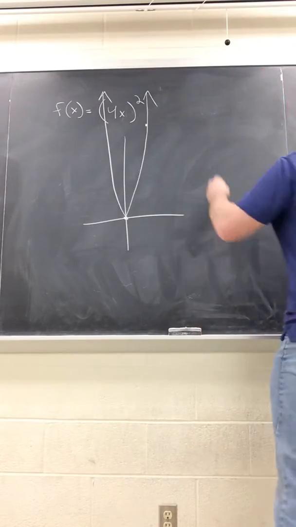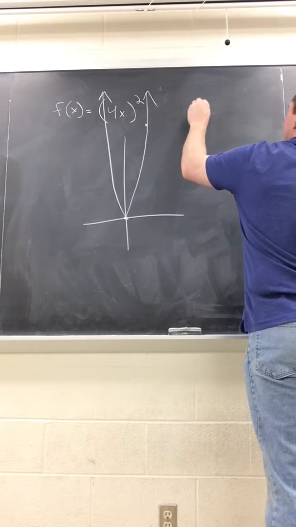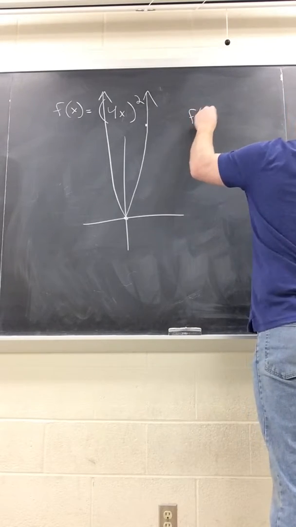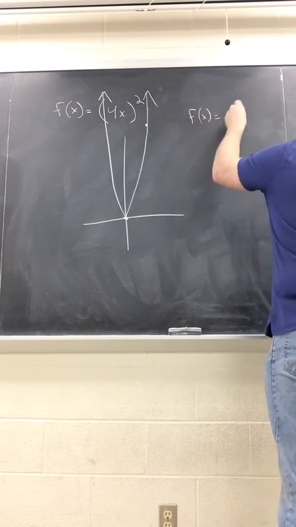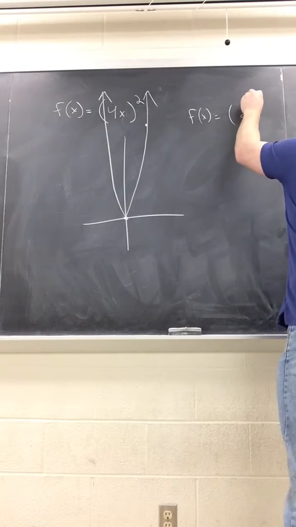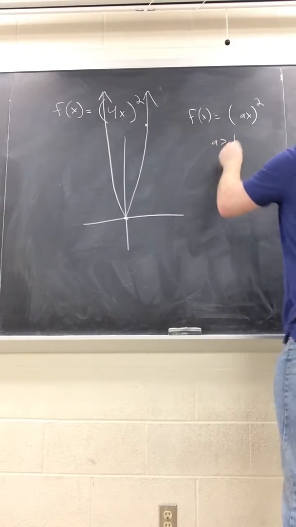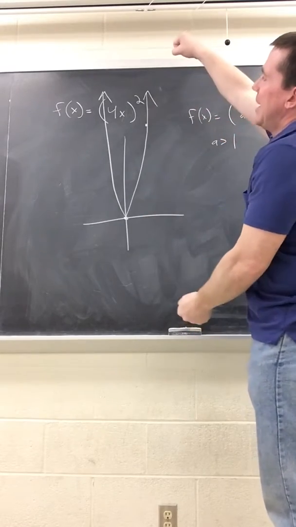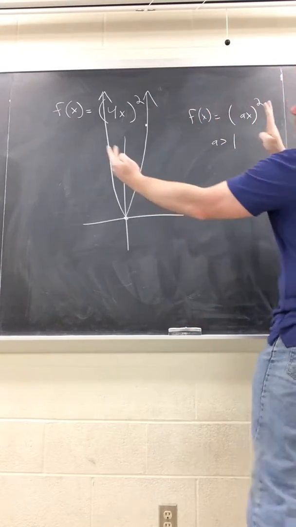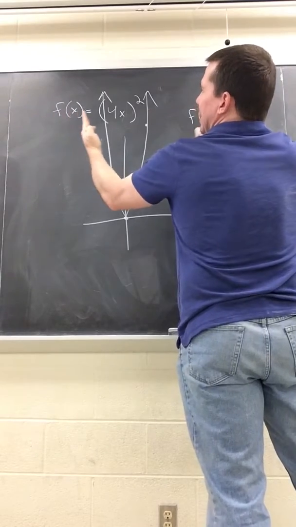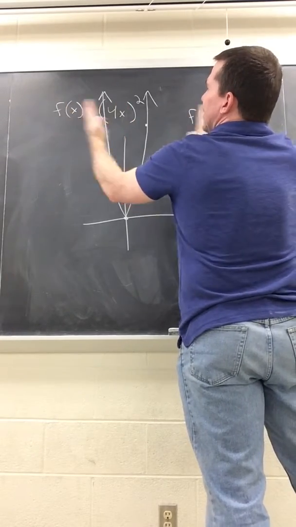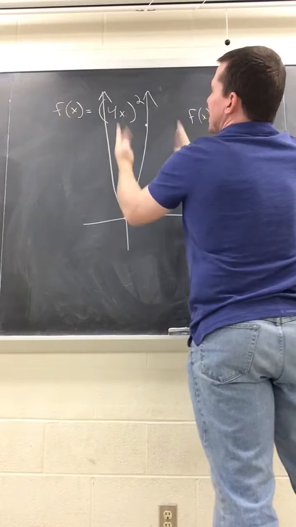And the way it works is, same idea. If you have f of x, we'll use the square again, and we do ax squared. Well, if a is greater than 1, which is what we have here, it makes it thinner. Or, if you think about it horizontally, it actually makes it compressed in this direction.